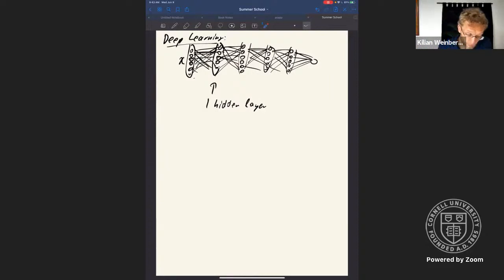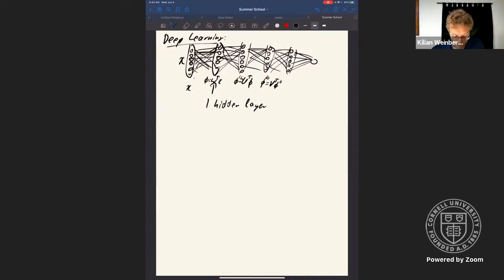When you think about it, each of these layers essentially takes X and multiplies it with a matrix. So this is W transpose X, and this is phi. Then phi prime equals U transpose phi, and then phi double prime equals V transpose phi prime, and so on.